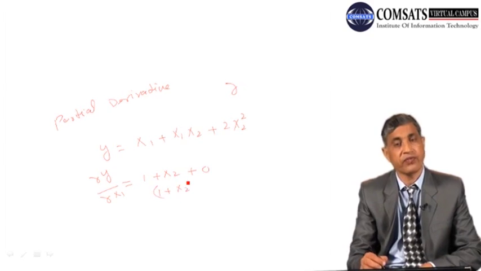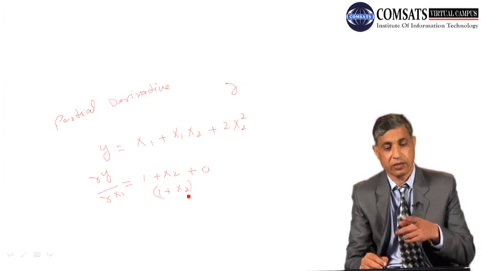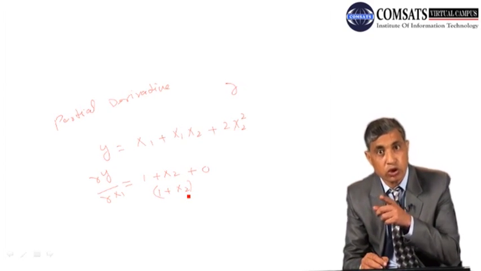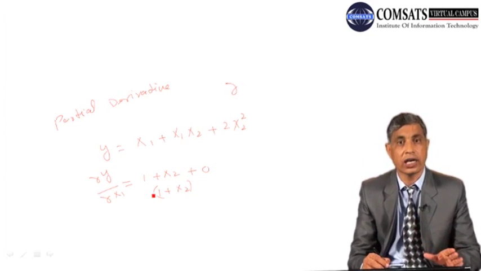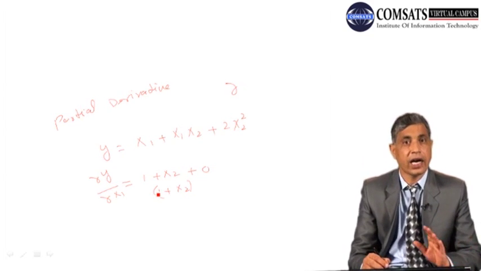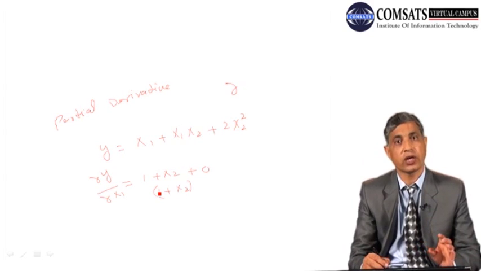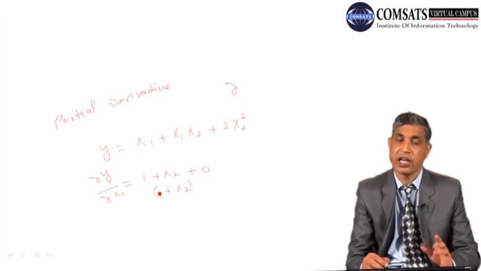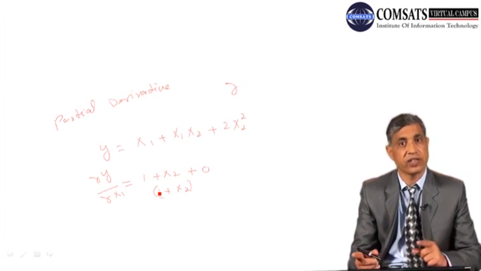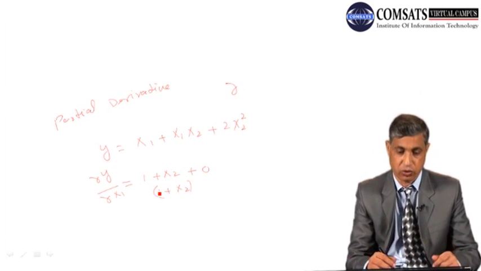And at the same time, if I want to take the partial derivative with respect to x2, now I will hold x1 constant, and I will ignore or drop, or you can say kick out, the x1 if it is connected with other terms with the plus or minus rule.